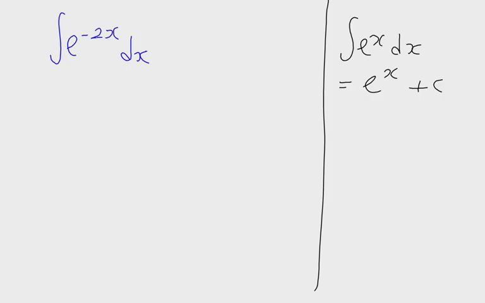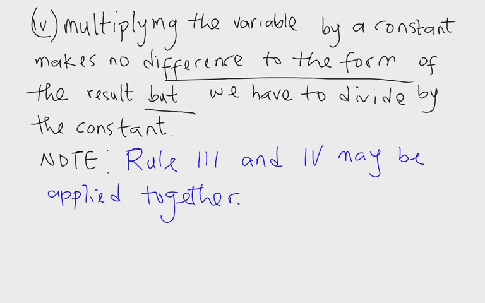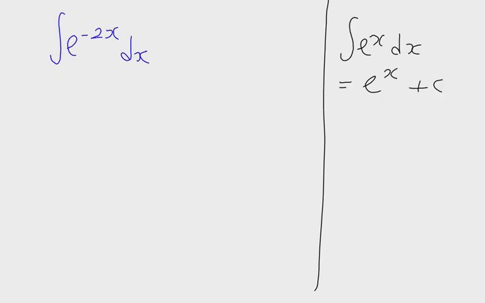In this case, we have the integral of e raised to x is e raised to x, and then plus c was added. Now in this case, the variable has been multiplied by a constant. So multiplying the variable by a constant makes no difference to the form of the result, but we have to divide by the constant. So the form of the result will still be in this form.